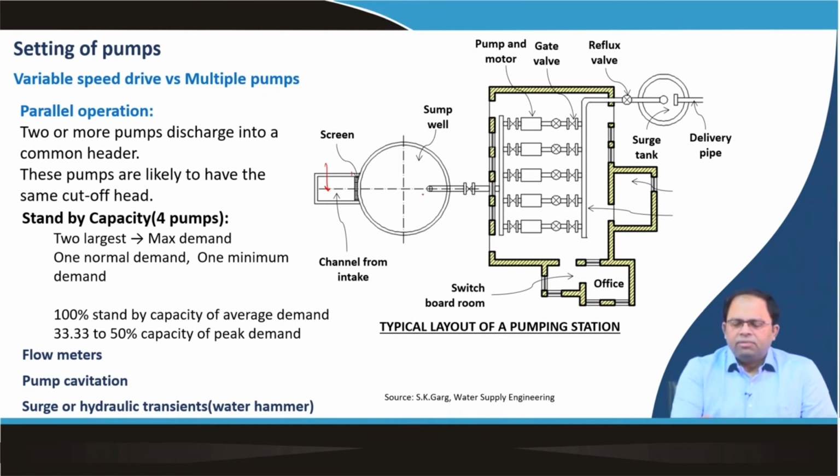From the sump well we have this suction pipe. There is a valve over here as well, through which you can stop the flow, and from there we have a common suction pipe with multiple pumps connected to it. And at each pump there is another valve. These are the sluice valves.